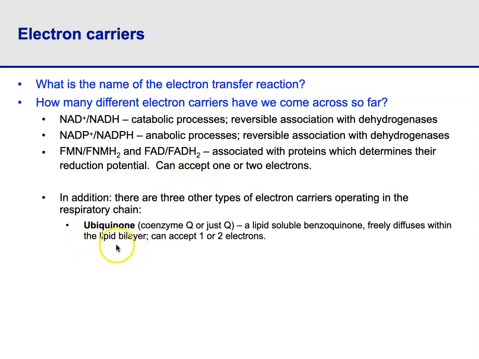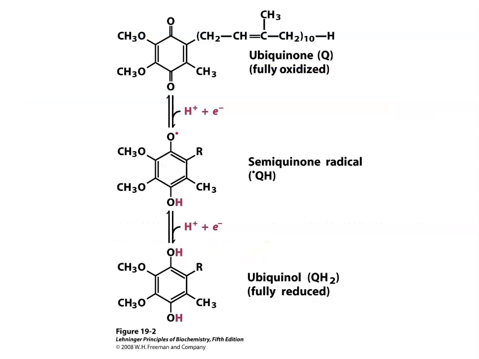One of those is ubiquinone. We also know it as coenzyme Q or just Q. Now this is a benzoquinone that is lipid soluble, and it can freely diffuse in the lipid bilayer. And it can accept 1 or 2 electrons.